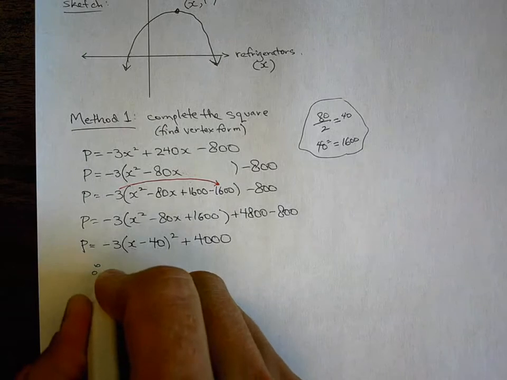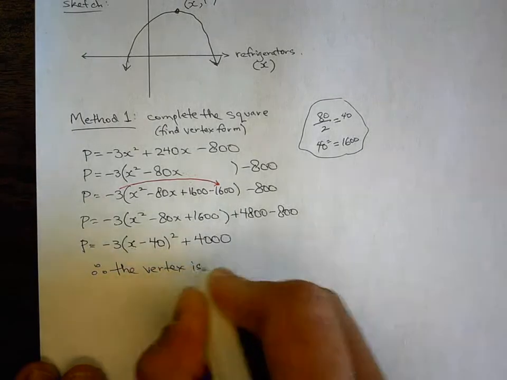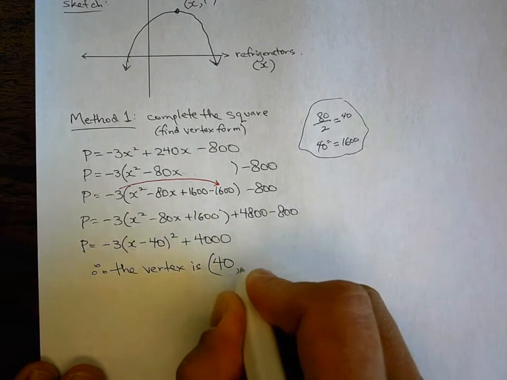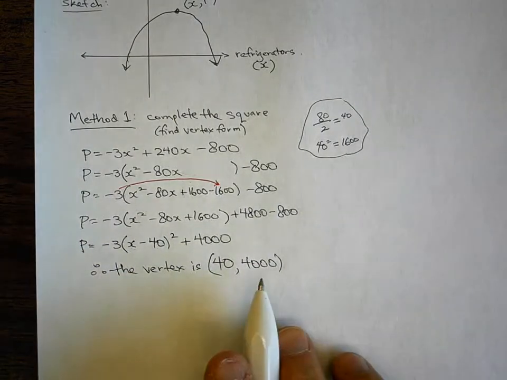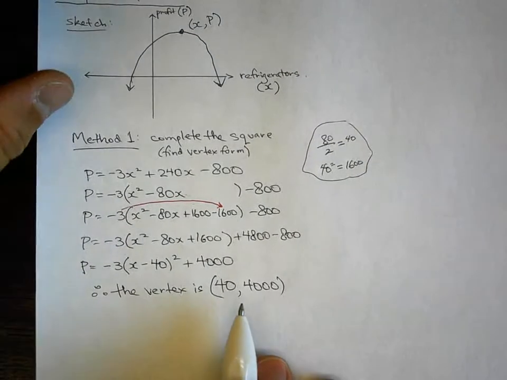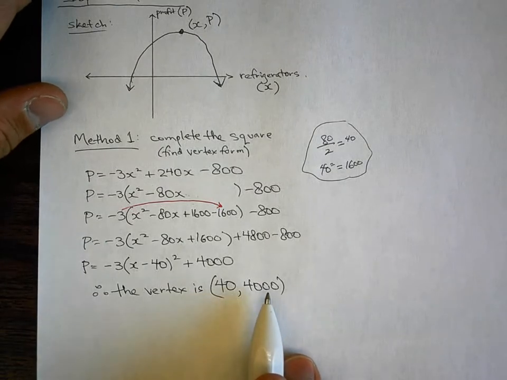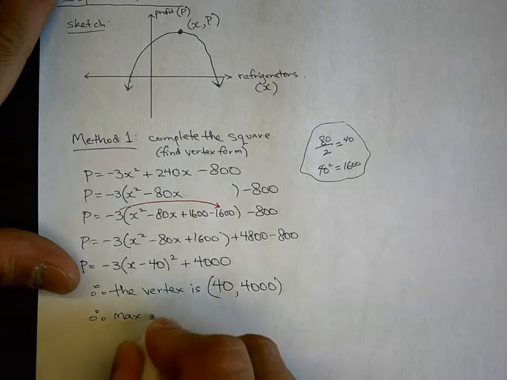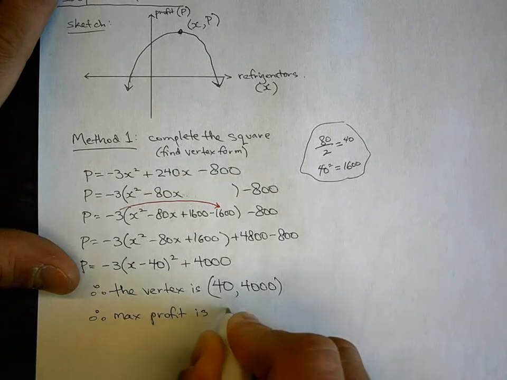You can read right from this. The vertex is, remember, I take the negative of what's in the bracket, so it's just going to be positive 40, 4000. That hasn't solved my problem yet. Oh wait, the x value is the number of refrigerators, the y value is the profit. So therefore, max profit is $4,000.